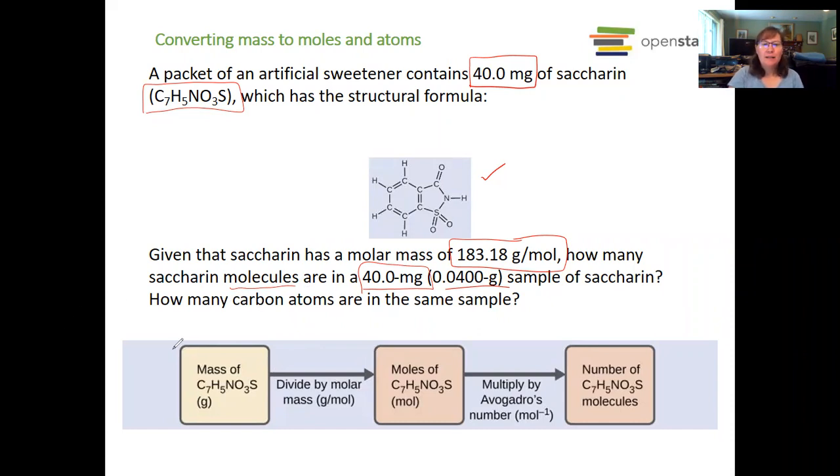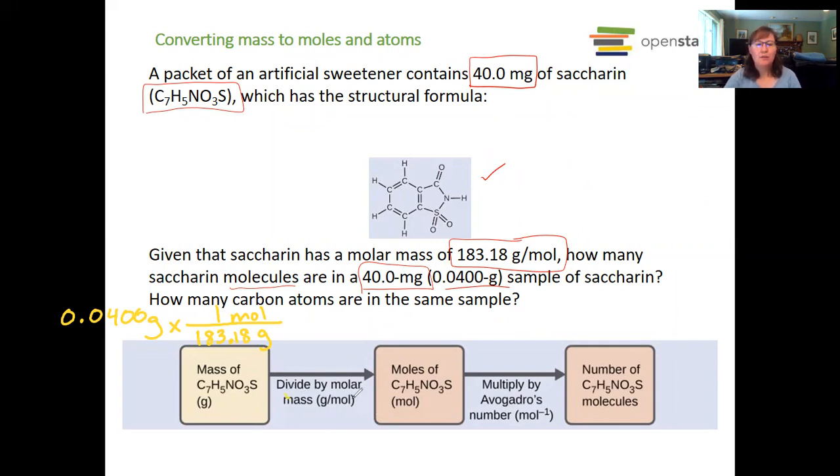Okay, so we start here with 0.0400 grams times, now we need to get rid of the grams, and so we need grams down here, and we know that we can go from grams to mole, and that's what this conversion is, 183.18 grams per mole, and that allows us to get rid of our grams.